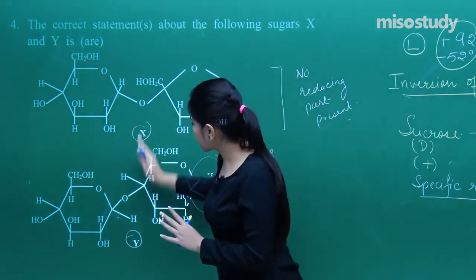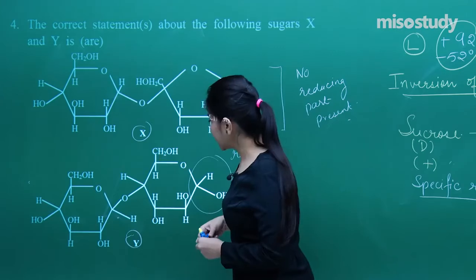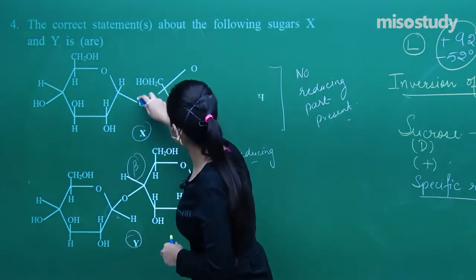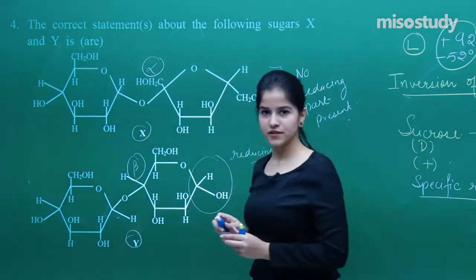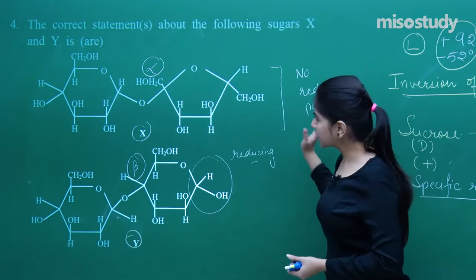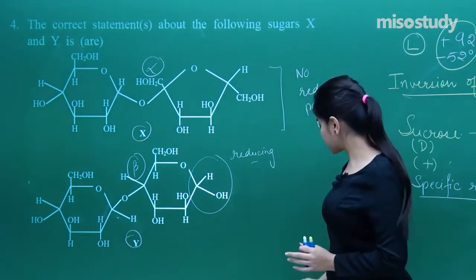Also, if you observe the type of linkages, what are the type of linkages here? So if you see, that is the beta linkage and that is the alpha linkage that we have got. So now let's move on to the options. We have actually deduced certain data out of these two options.